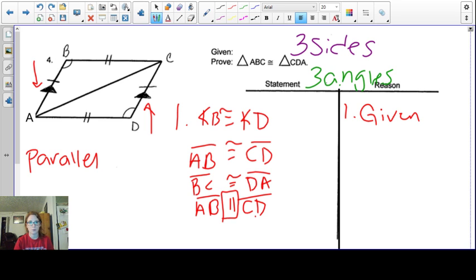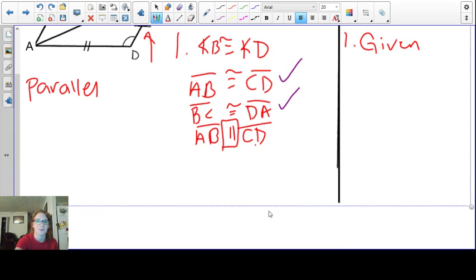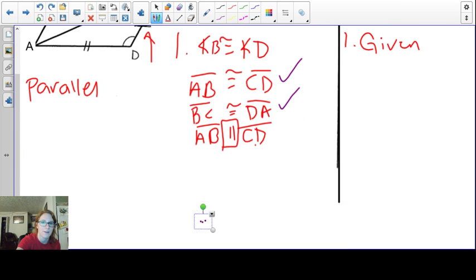So right now, I only have 1 angle and I have 2 sides. This last statement does not mean I have all 3 sides. It's saying I have something is parallel. So I need that 3rd side. So let's go ahead and try and find it together.